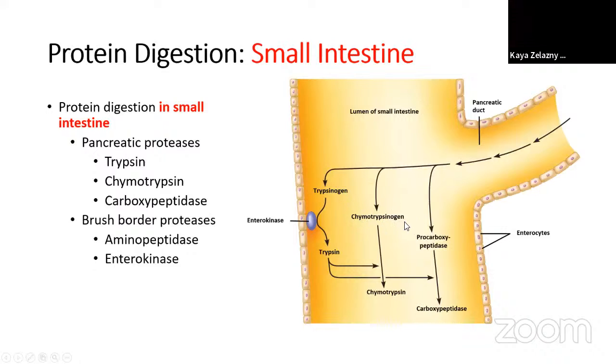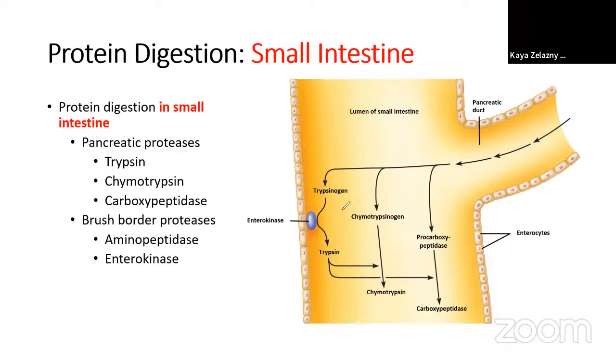That "inogen" part tells us they're zymogens, that they're not active yet. In order to activate these, just like we had to activate pepsinogen into pepsin in the stomach by coming into contact with acid, we have to slightly break up these zymogens.